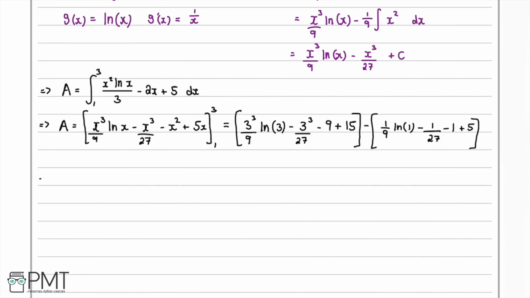So we can now tidy this up, and what we'll have is, we see that 3 cubed divided by 9 is going to be 27 over 9, which is 3. So we'll have 3 ln 3, and then we subtract 3 cubed over 27. We know that 3 cubed is 27, so 27 over 27 is going to be equal to 1.